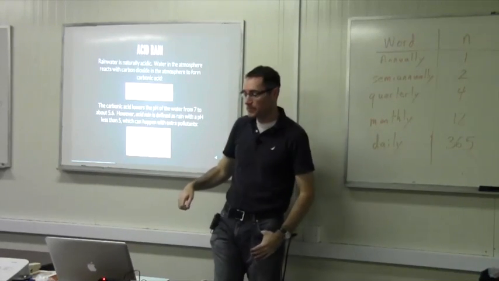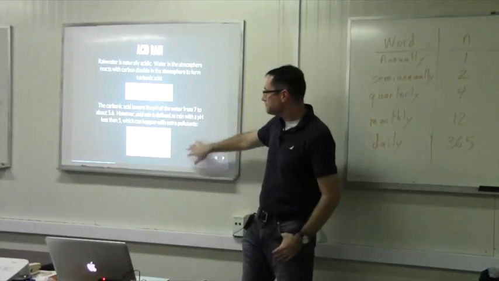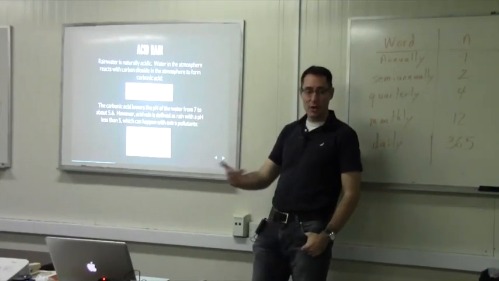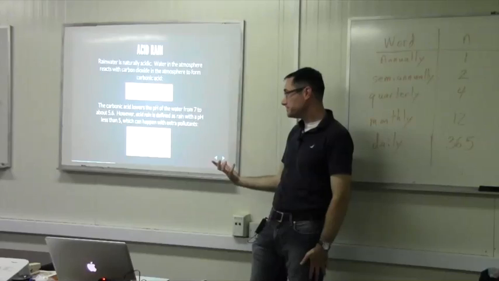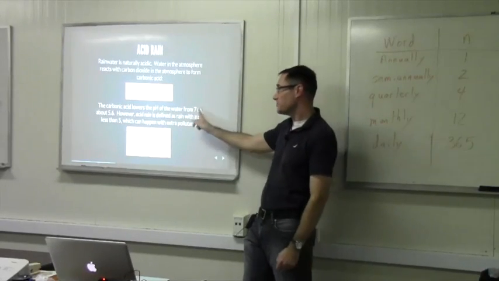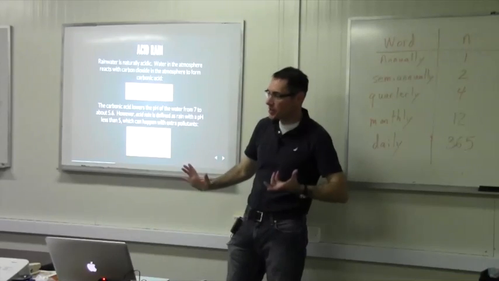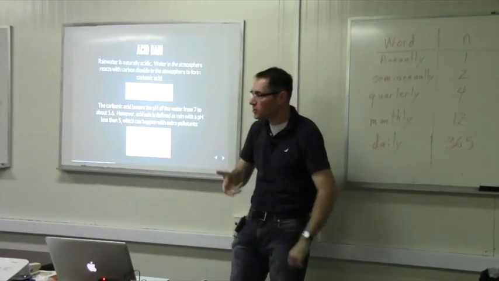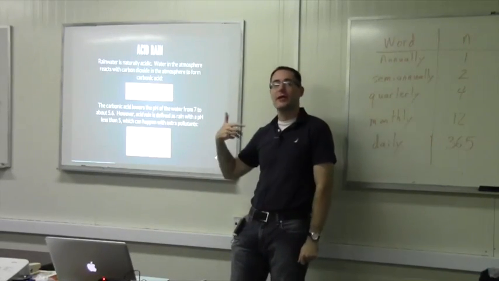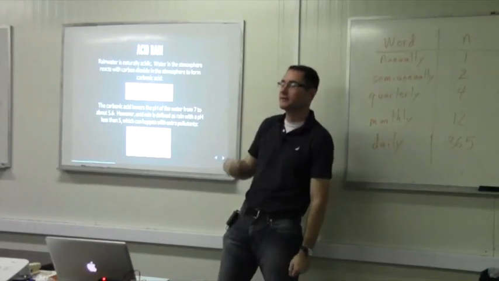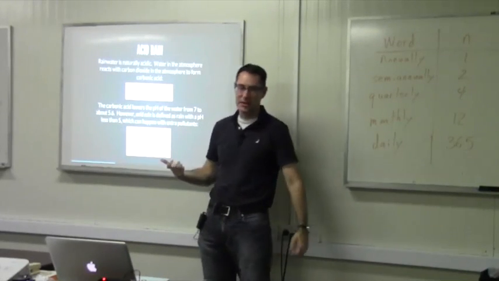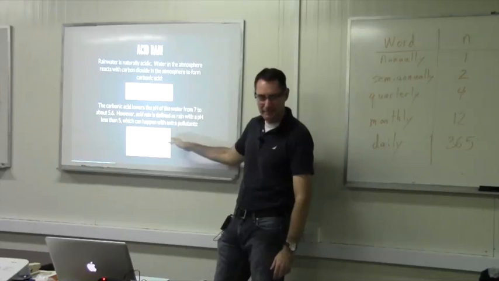The carbonic acid lowers the pH from 7 to about 5.6. Not terrible. When you get hit by a raindrop, you don't go, oh my, that's hurting me. Although if you stare into the raindrops, you might feel a little acidicness on your eyeball, or maybe taste it. But it's not terrible for you.